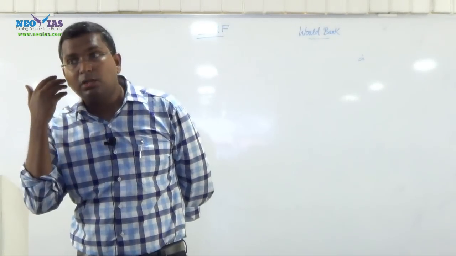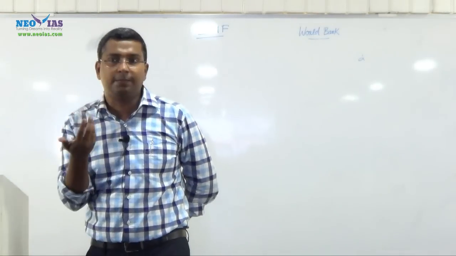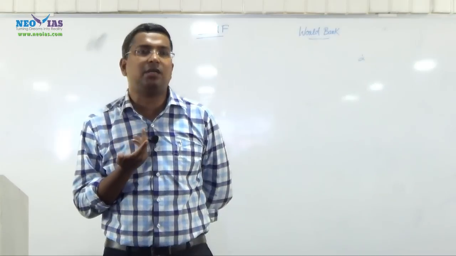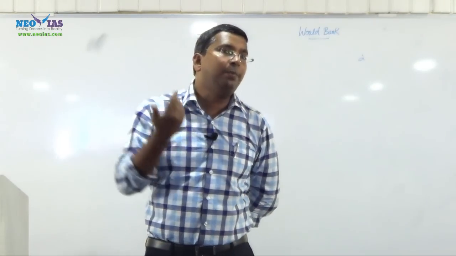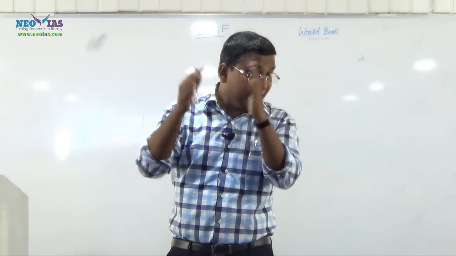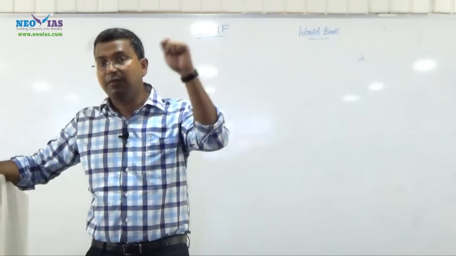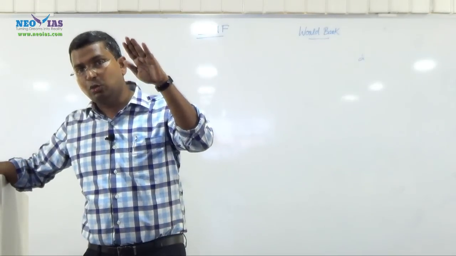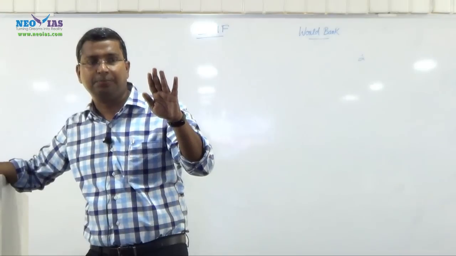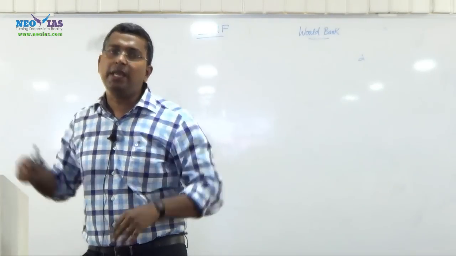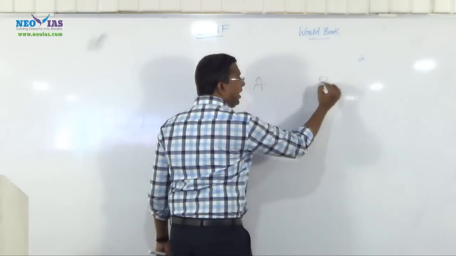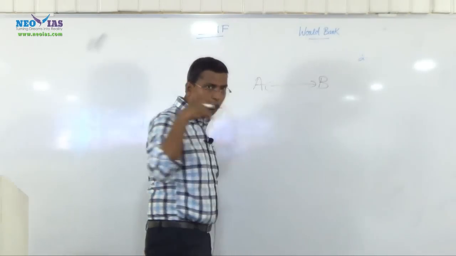Now, when we talk about the world, globally, about an organization which deals with the international monetary system, try to understand its major objective. If there is an international institution given the function to promote stability in the international monetary system, its main function will relate to, for example, two countries A and B. We are talking globally.